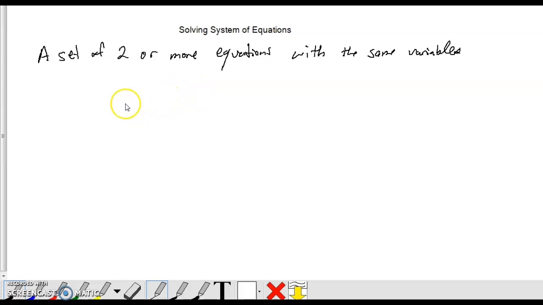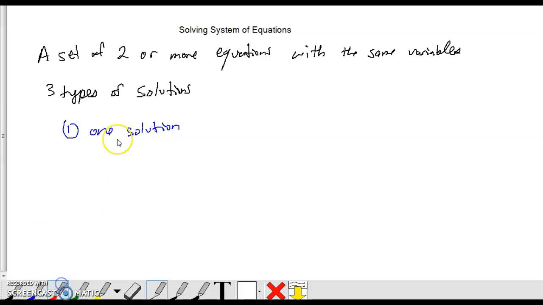Okay, there are three types of solutions that we will see. The first one is you'll have one solution. And what one solution means is that the two lines meet at one place. So think of it kind of like an intersection.